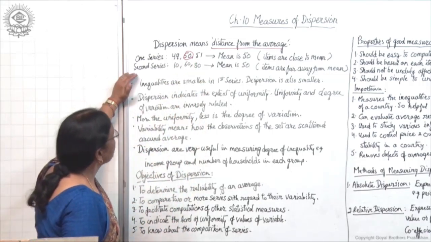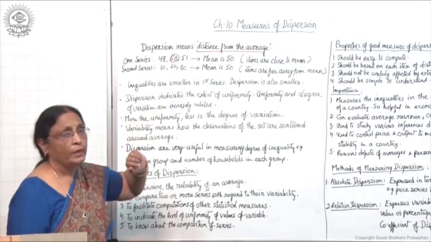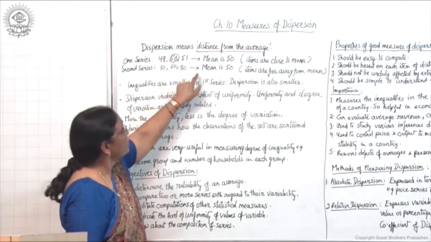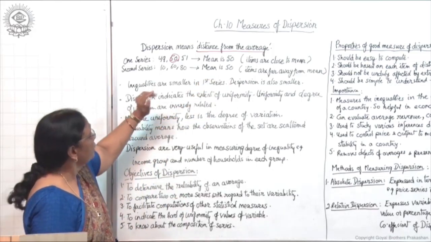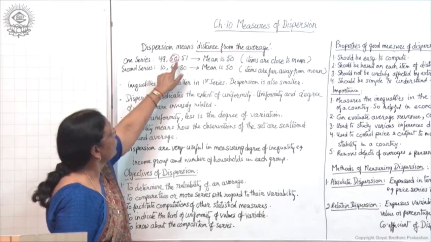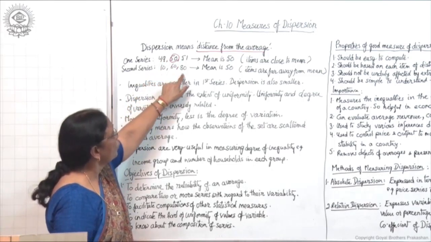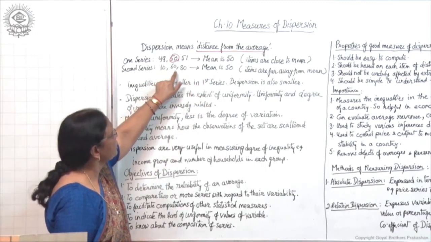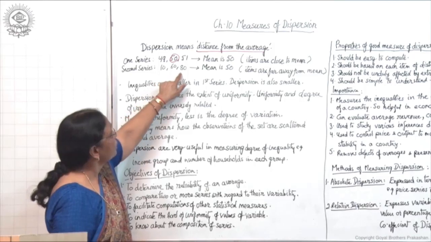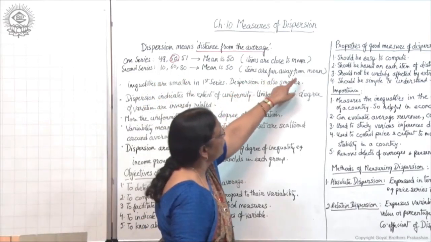Now if we take the second series 10, 60 and 80, the mean of these three figures is again 50, but you can see here, as the figures were close in the first series, in this case figures are far away from mean. Mean is 50, the figures are 10, 60 and 80. All three figures are far away from mean. So items are far away from mean.